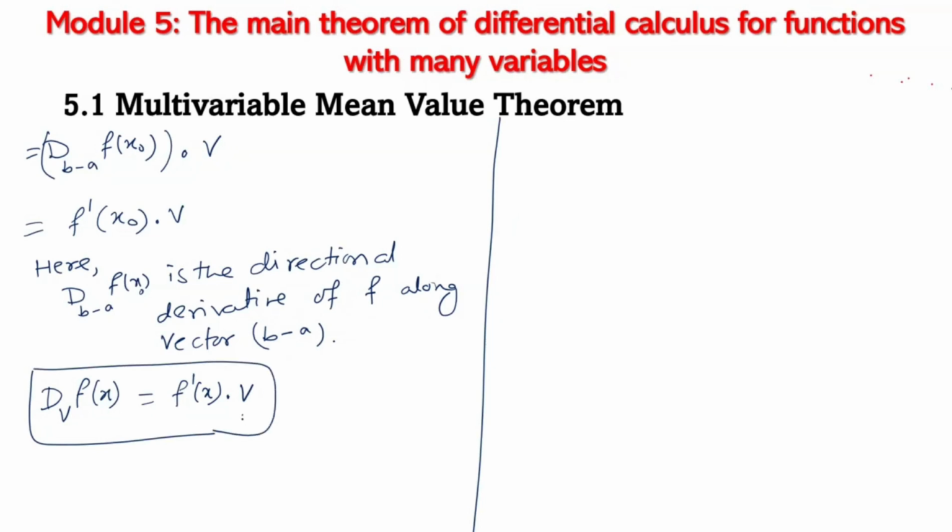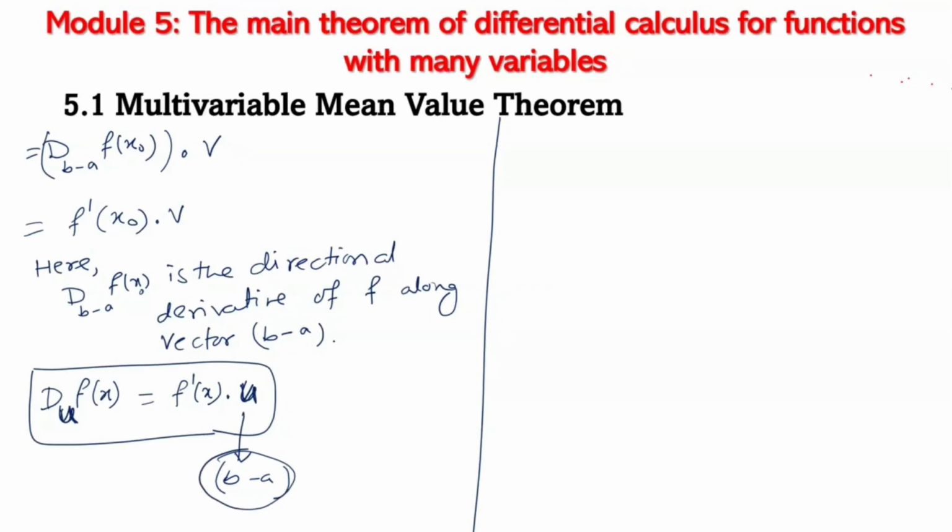In this case, v is b minus a. So to avoid the confusion, let this be u. Therefore, D_u f of x is equal to f dash x u. So in this case, u is equal to b minus a.